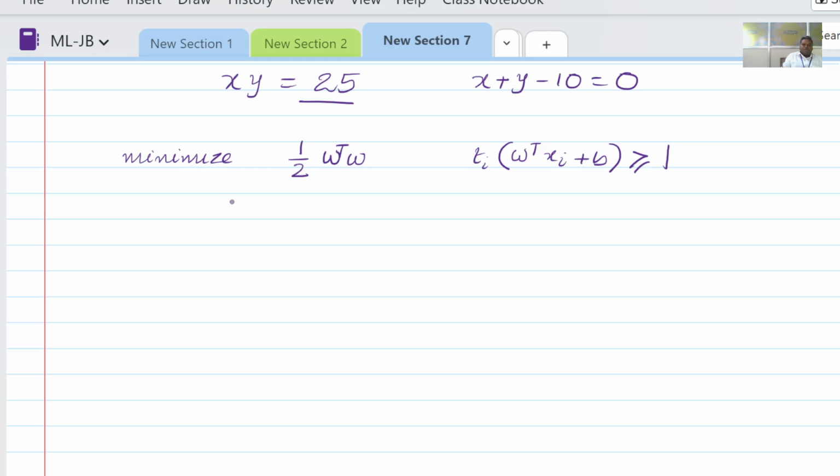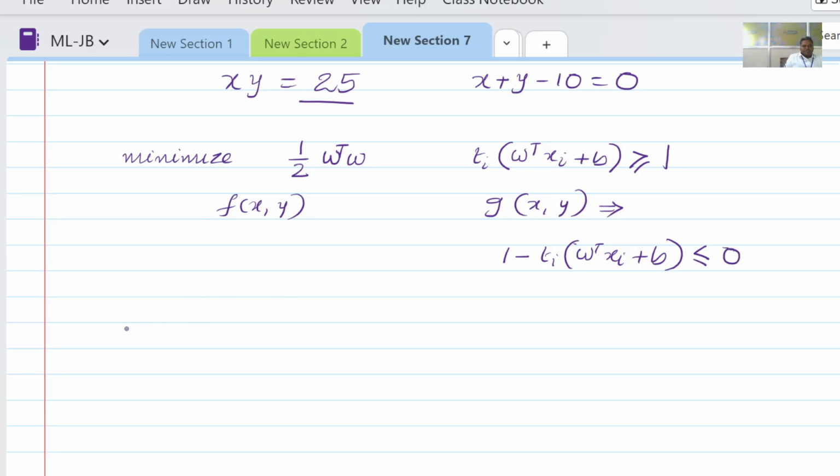So as we have seen earlier, this is f of x and this is g of x, and this we can write as 1 minus ti into w transpose into xi plus b is less than or equal to 0.